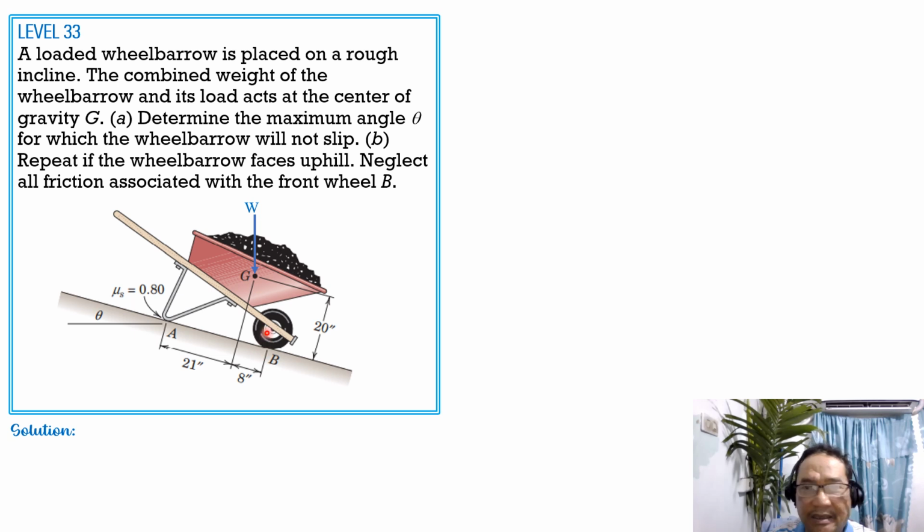So for the solution, let's have the weight at G, let's call that W. Then the other forces, such as the normal axis and the tangential axis. Then we have the angle here, which is equal to theta, normal reaction at A, then frictional resistance at A, which is 0.8 of NA, which is up to the left because the tangential component tends to slide the wheelbarrow downward.